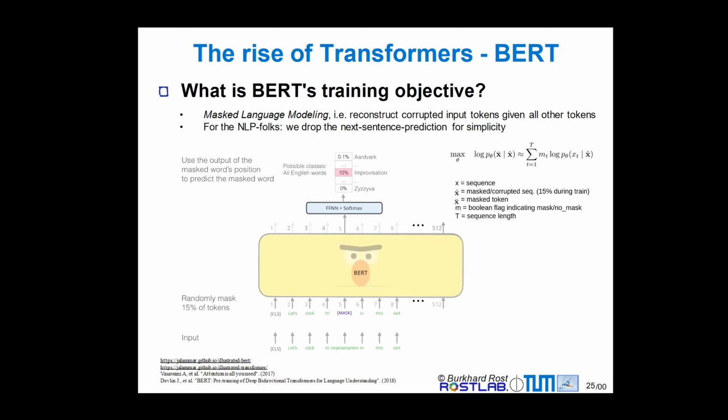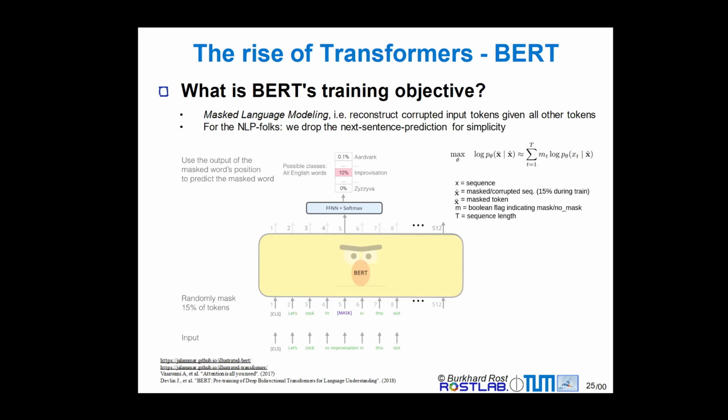But what is actually BERT's training objective? Because this is also different. Instead of predicting the next token given all previous tokens, like ELMo, BERT introduced something called masked language modeling. There the task becomes to reconstruct corrupted input tokens given all other tokens.